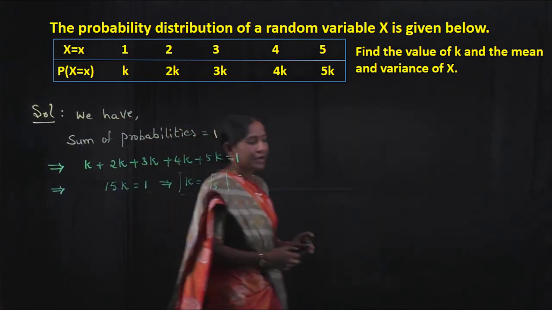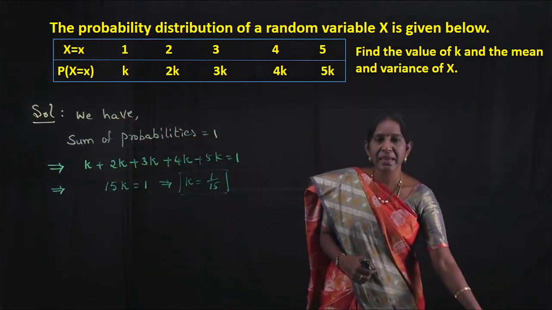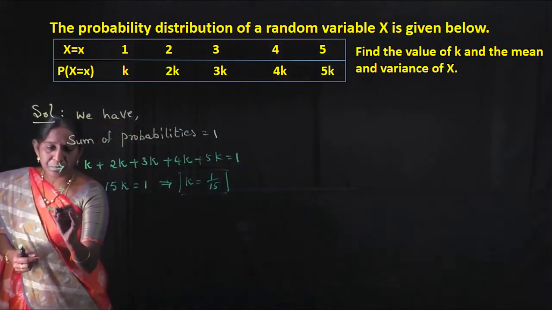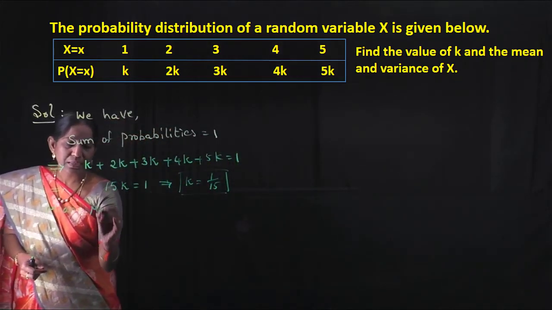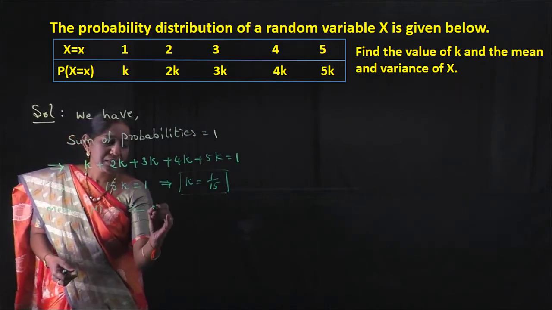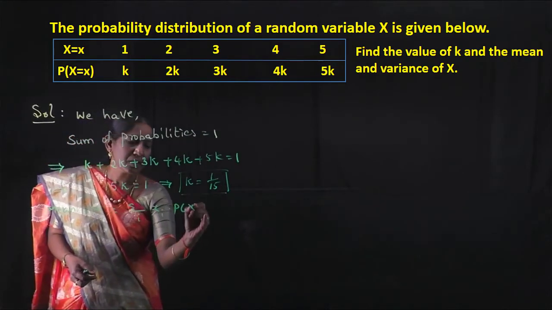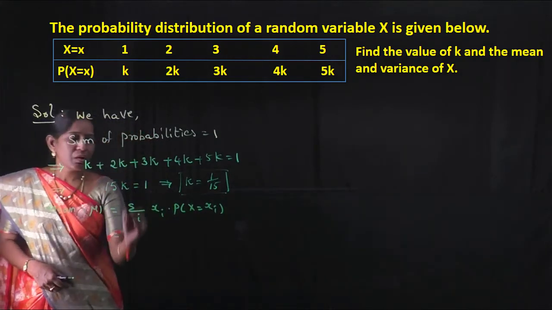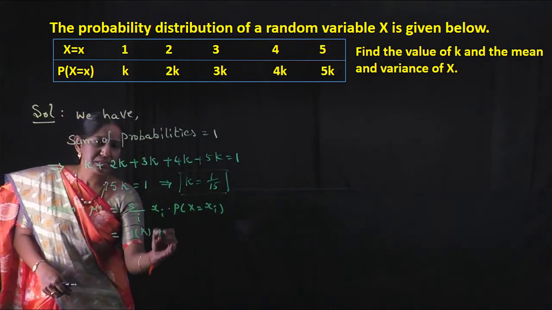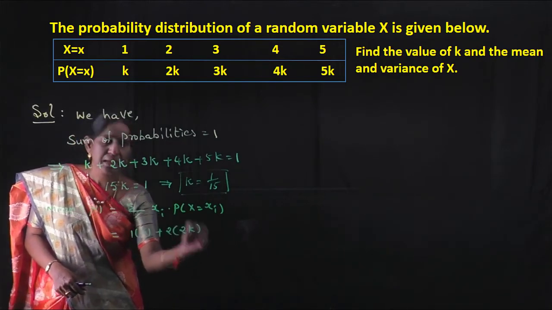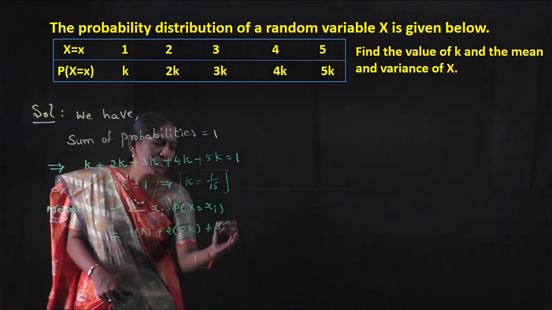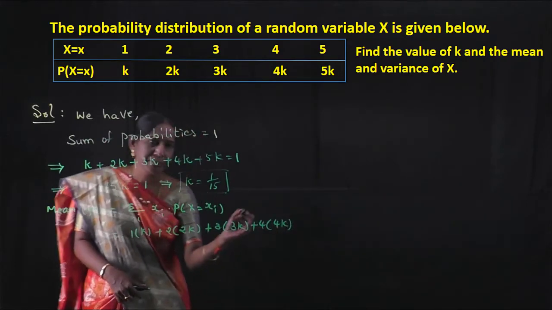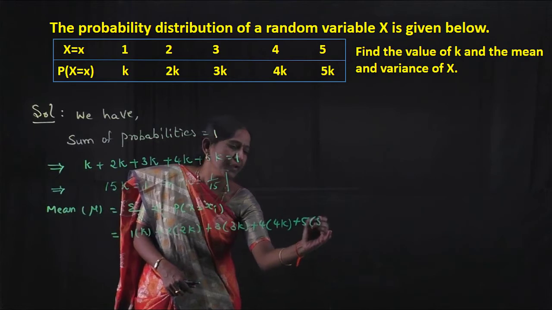Next we have to find the mean. So mean mu is equal to sigma xi into p of x equal to xi. So that is equal to 1 into k plus 2 into 2k plus 3 into 3k plus 4 into 4k plus 5 into 5k.